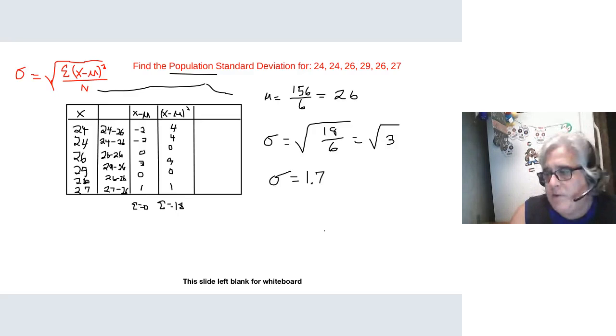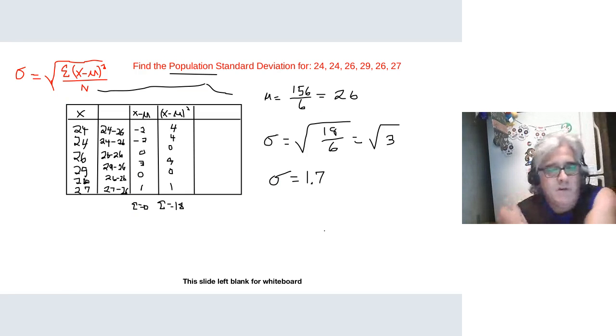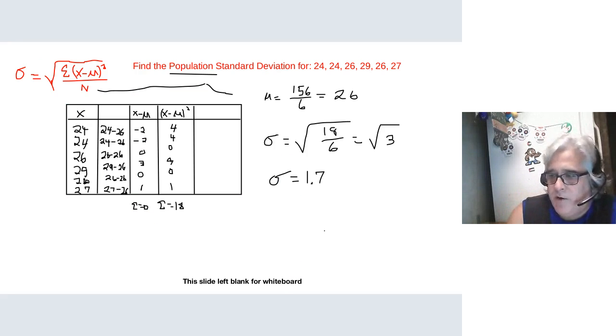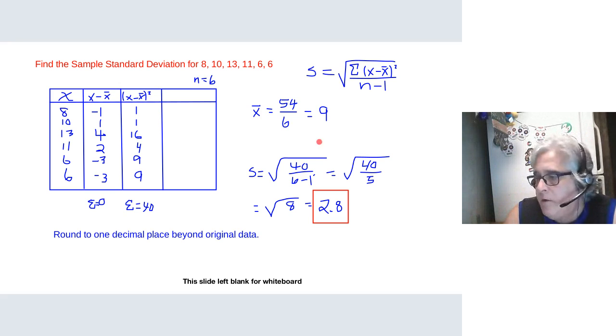And generally speaking, you can compare these amongst each other. And like I said, a larger standard deviation means that the data is more spread out. See, with this, they were all relatively close, like 26 was the mean. Everything was within 3 of the mean.